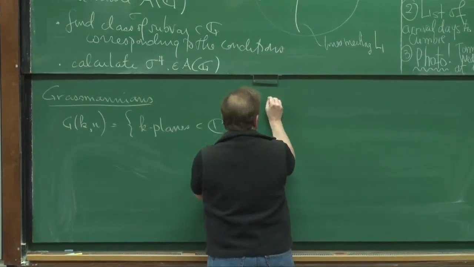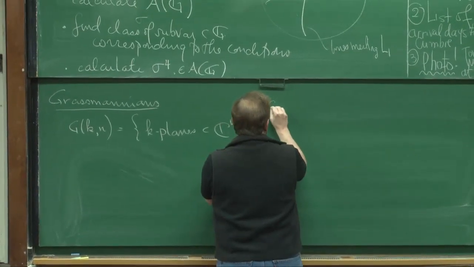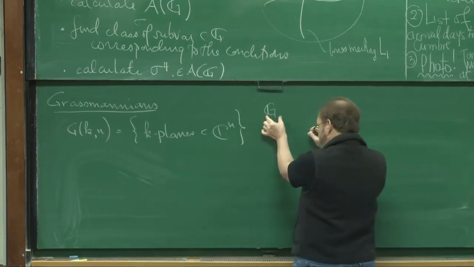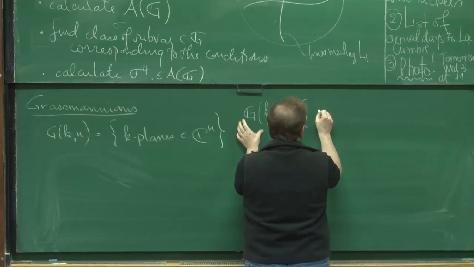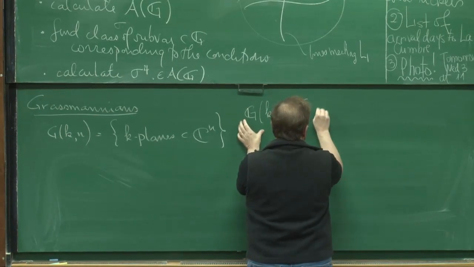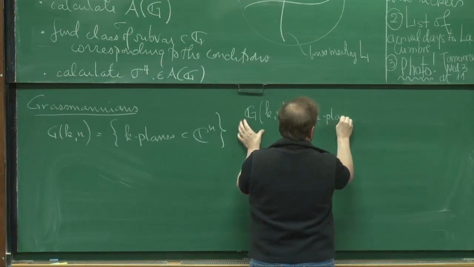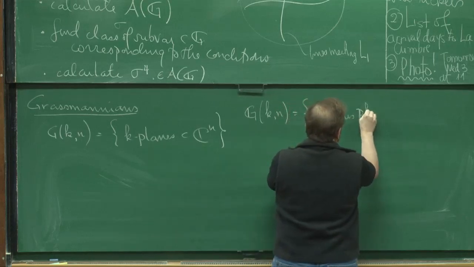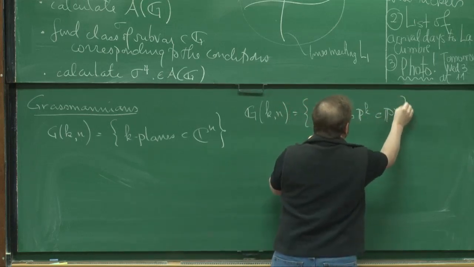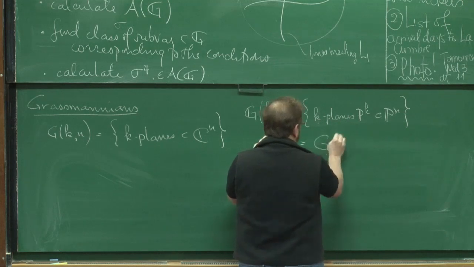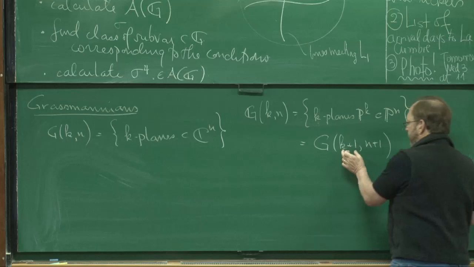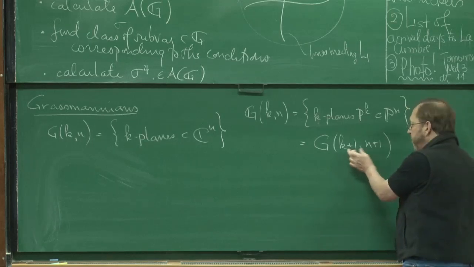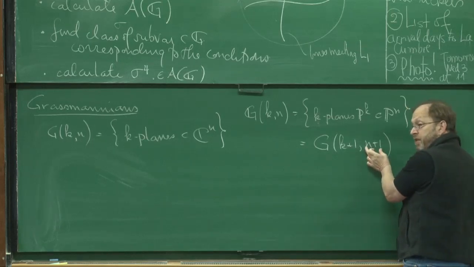So we can also look at the Grassmannian, which we denote with a blackboard bold symbol, G(k,n), the set of k-planes P^k sitting inside P^n. That is the same thing as G(k+1,n+1). In other words, linear subspaces of dimension k+1 in an (n+1)-dimensional vector space.